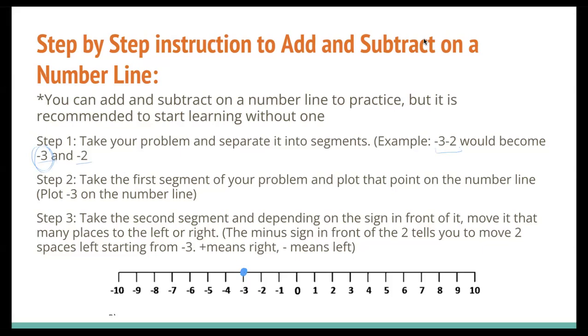If there's a minus sign in front of the 2, that tells you to move left. But if there's a plus sign, that means right. Because ours has a minus sign, we're going to move 2 down to -5. So our answer would be -3 minus 2 equals -5.